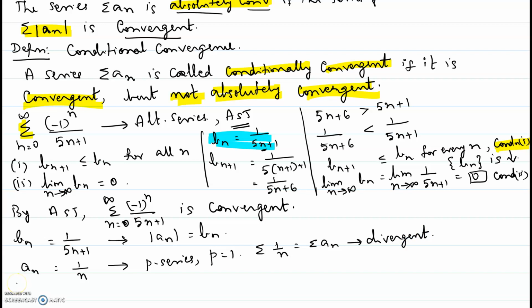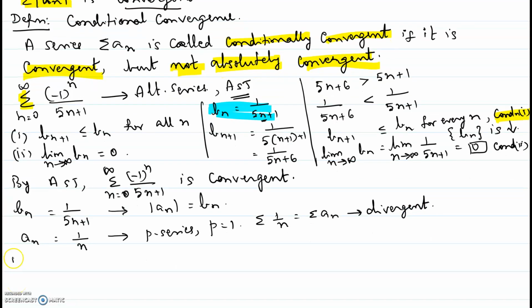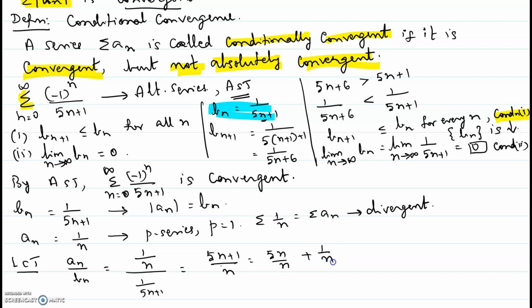So now I'm going to apply the limit comparison test. I'm going to do an over bn, and then we are going to allow n to approach infinity. That's 1 over n divided by 1 over 5n plus 1, which is 5n plus 1 over n. That is 5n over n plus 1 over n, that is 5 plus 1 over n.